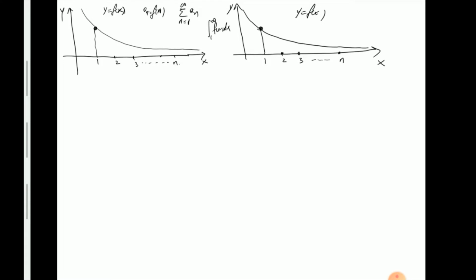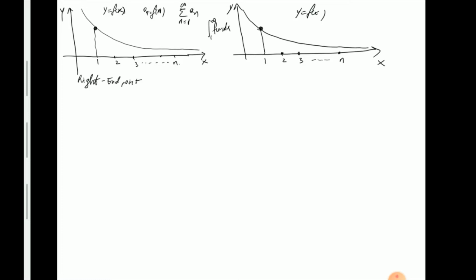So the points, the index in the sequence, 1, 2, 3, n, and so on, form a partition on the interval 1 to infinity. Imagine that when you try to approximate the integral, you take the right endpoints when you raise the perpendicular. You can pick any point on each segment of the partition and raise the perpendicular to form those approximating rectangles.